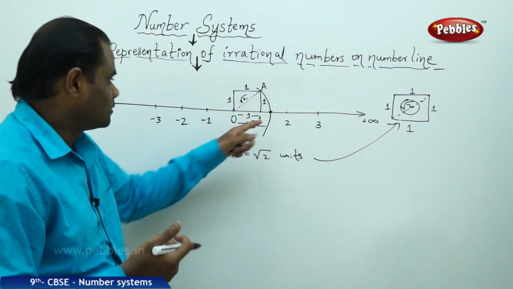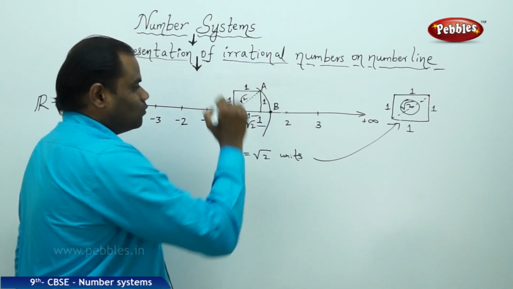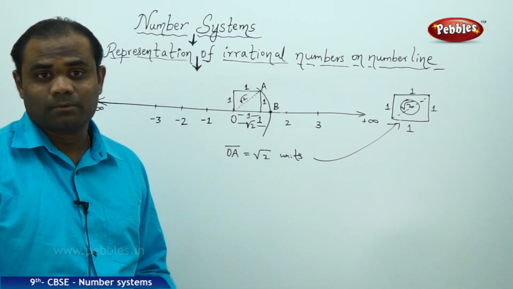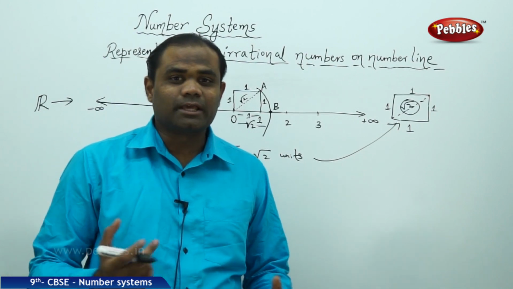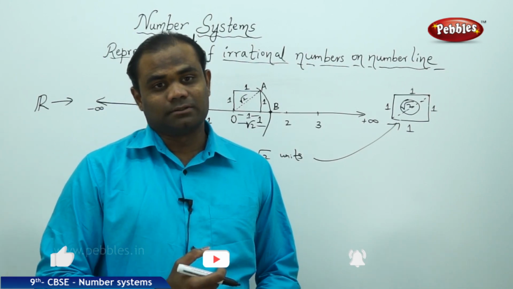And the point where the arc cuts the number line, I denote it with B, and OB is root 2 for sure, because the radius is the same for any part of the circle from its fixed center.